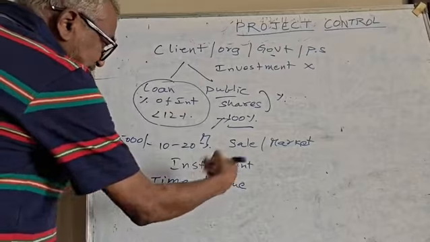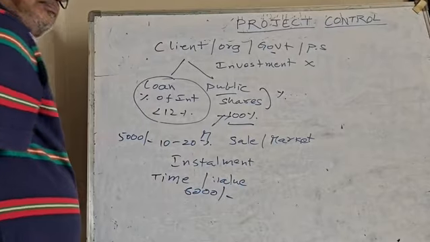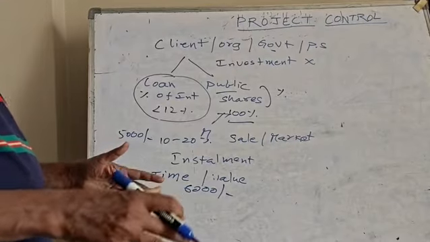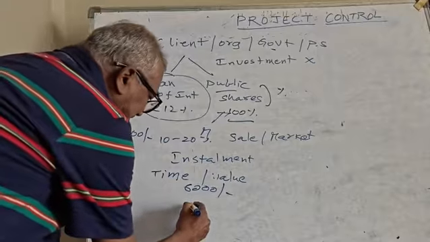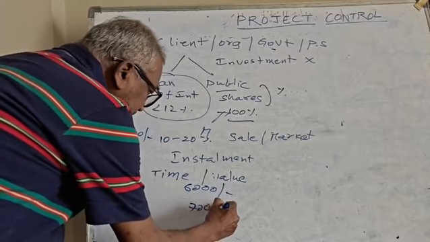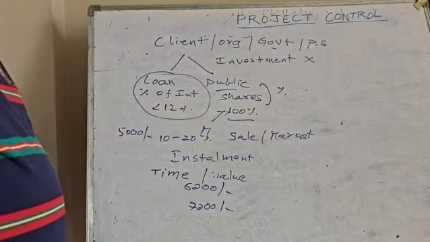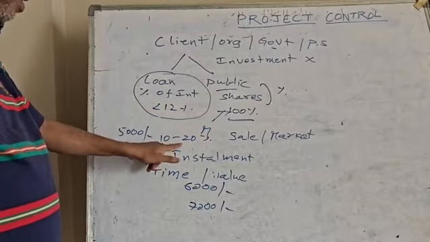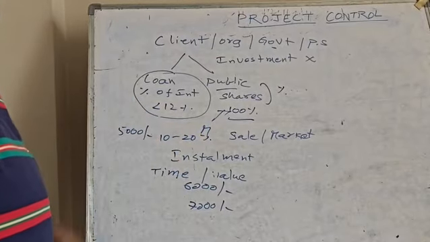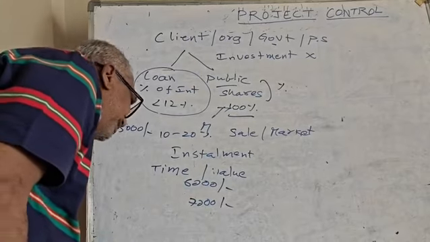When value has increased, they will sell at 6,000 rupees per SFT. When complete finishings are over and it is ready to move in, they will even go for 7,000 rupees. So as time passes, the value has increased, and the person who purchased at 5,000 rupees will be in profit. So this is how it is done.